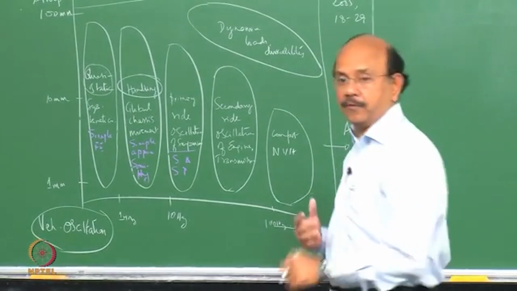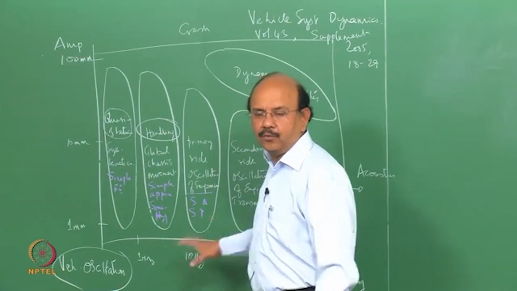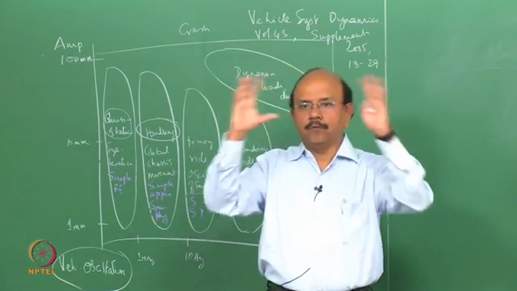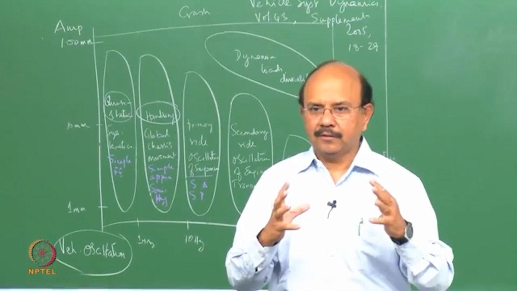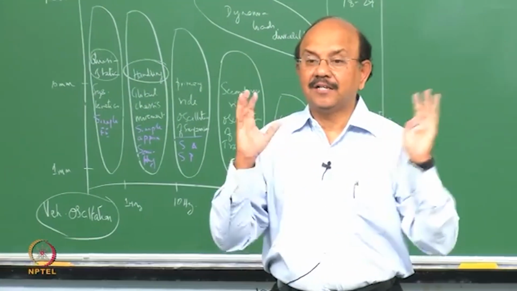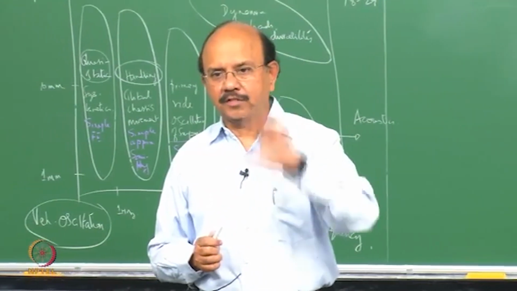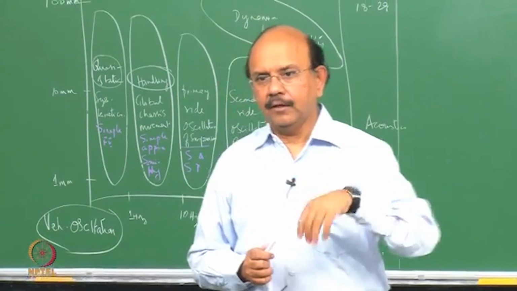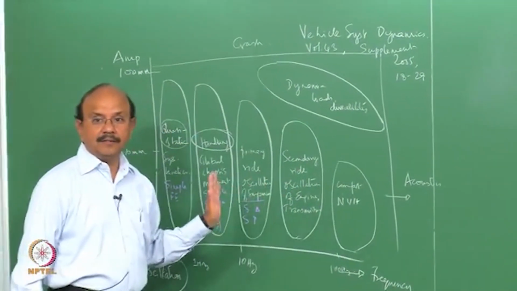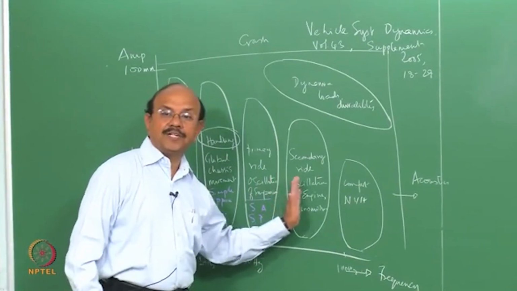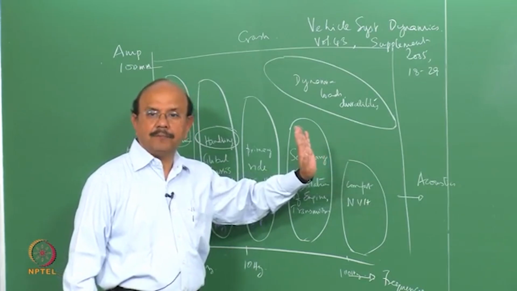For example, when you are looking at the primary ride, you can treat the whole body as a rigid body, and we are going to look at it as a rigid body at those frequencies. So in other words, the frequency is dominated by the spring-dashpot system of the suspension. When I go to higher frequencies, there are contributions at higher frequencies, and that may be due to bending of the chassis frame.